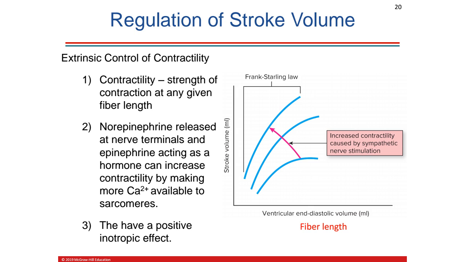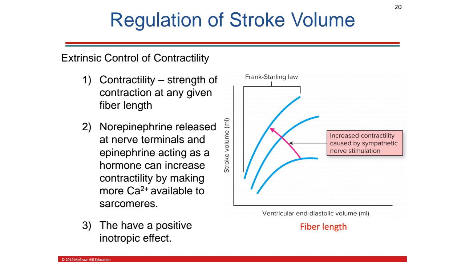And epinephrine, acting as a hormone, will have a similar effect. So if we add sympathetic stimulation, now for a given fiber length, we'll have a larger stroke volume. And recall that I just said that stroke volume can be thought of as a way of indirectly looking at heart contractility. So this means that there's an increase in contractility.